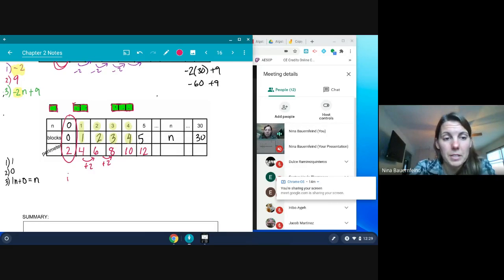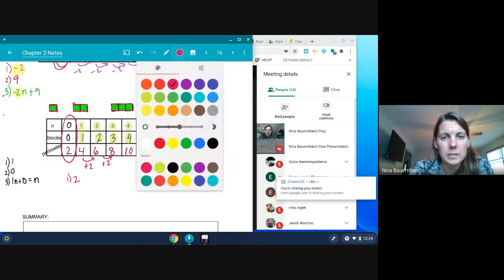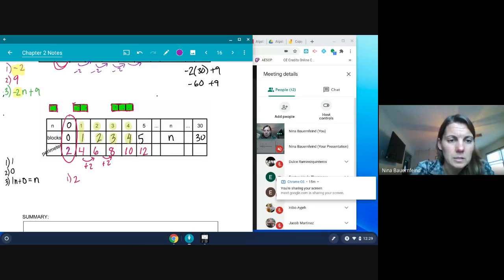So when we build this equation, the first thing is that it goes up by 2. And then the 0 term is also 2. I'm doing it in purple because this purple 2, and this is in pink because these are pink.